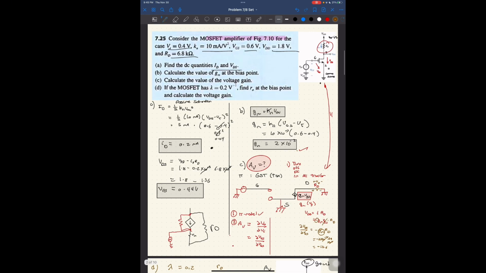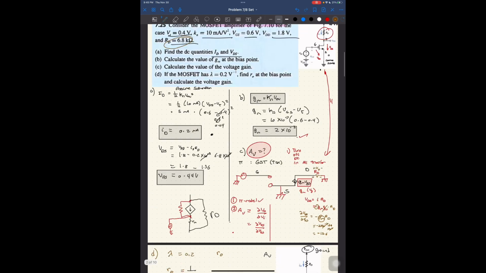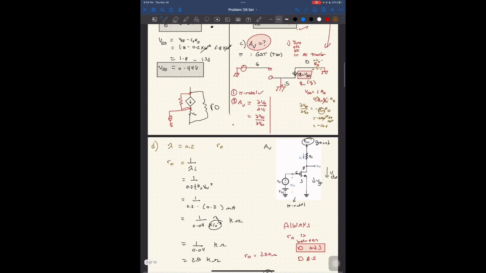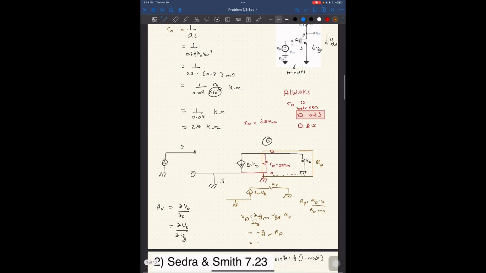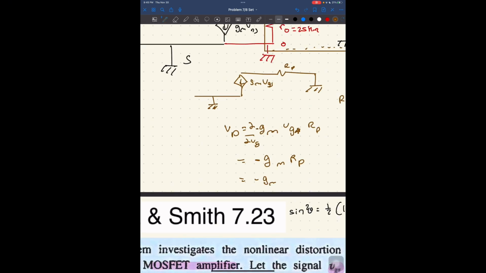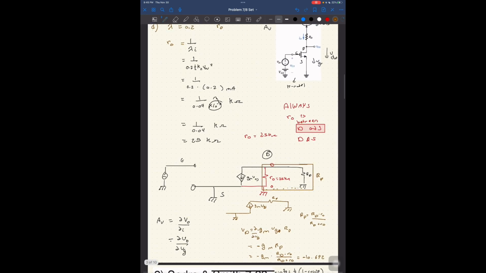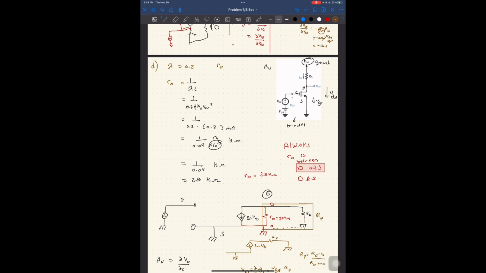RD is given to me in the question. r0 I have found to be 25 kilo ohms, and RD is 6.8 kilo ohms, so minus gm, and gm I have found in part B to be 2 times 10 to the negative 3, so I do minus gm times RD times r0 over RD plus r0. Sub in my values, and my final answer should be minus 10.692. So that's the continuation, and that's the final part of the question.